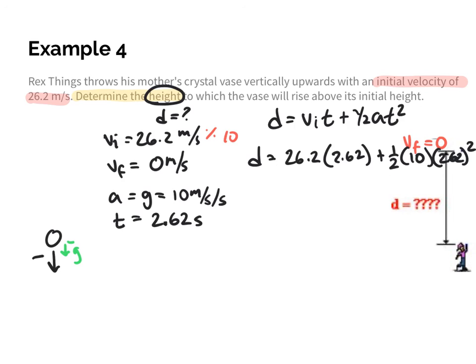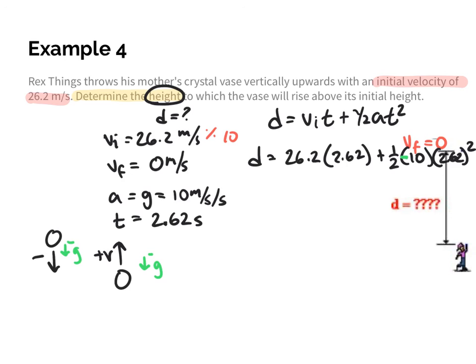Now the pickle about this one is we're throwing the object up into the air, okay? Which means it has a positive speed, but its gravitational pull is always going to be directed downwards. So that gravitational pull is going to be negative. So I kind of neglected to talk about that in the last problem, but in this problem, I need to make sure that I make that value of 10 a negative 10. Okay, and that is important when we look at the direction here.